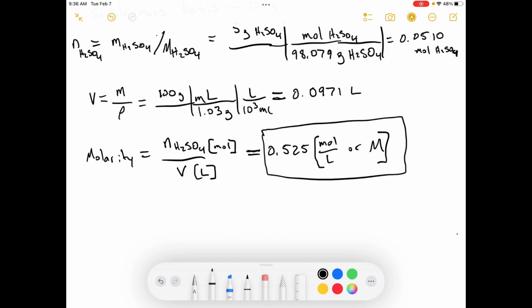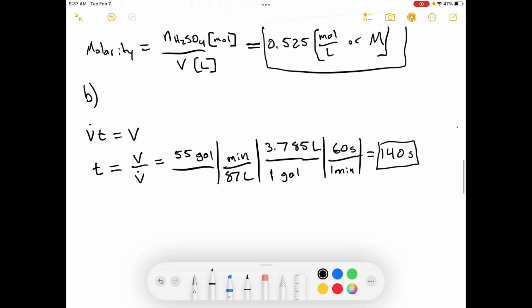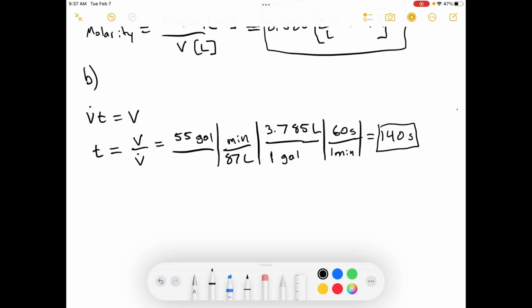For part B, it asks how long in seconds it would take to fill a 55-gallon drum, and how much sulfuric acid, in pounds mass, the drum would contain. You should arrive at your answers with dimensional equations. Alright, for part B, the function we want to look at is the volumetric flow rate with respect to a time increment.